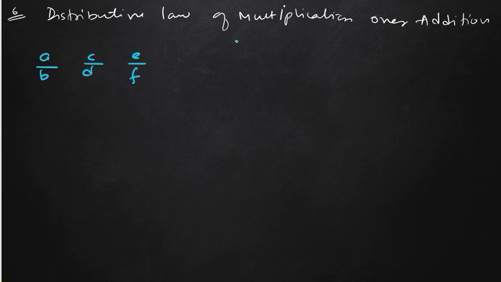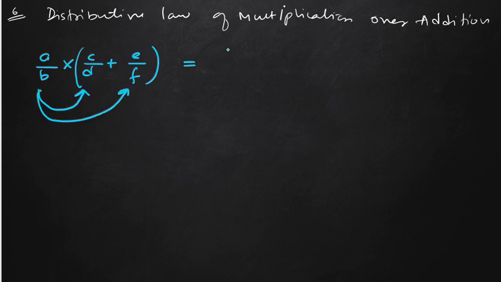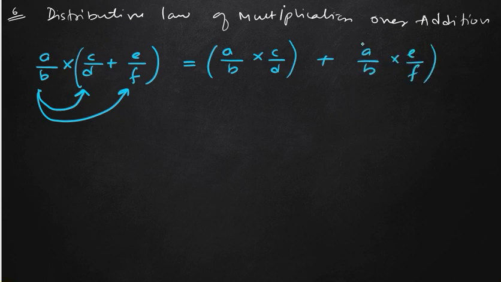The distributive law of multiplication over addition states that if you multiply a by b with the addition of c by d and e by f, then the answer is: a by b gets multiplied to c by d, as well as to e by f, that is a by b into c by d, plus a by b into e by f. This is the distributive law of multiplication over addition.